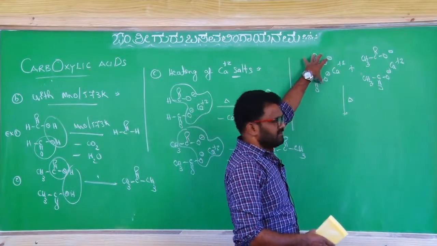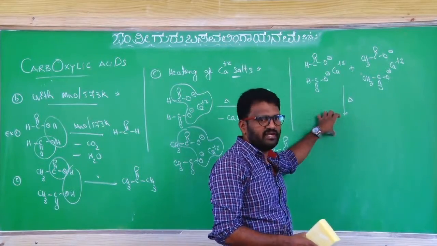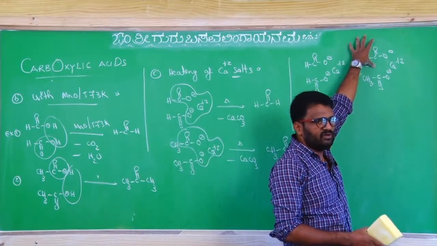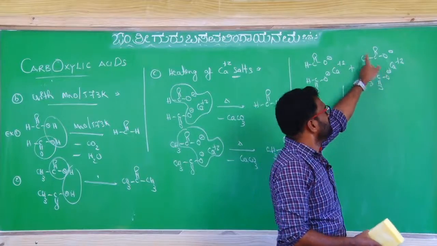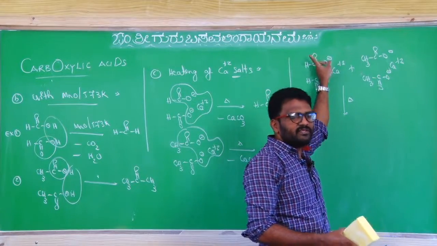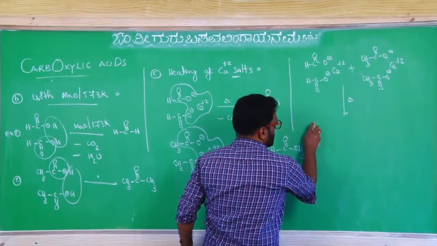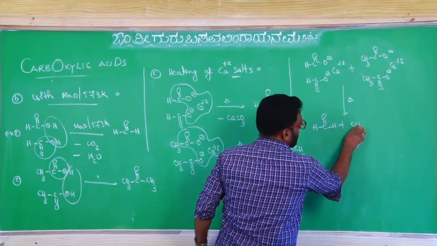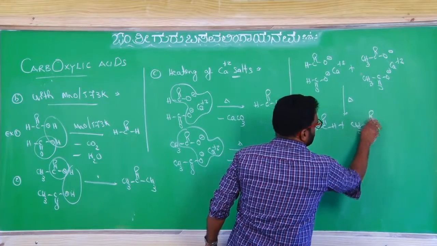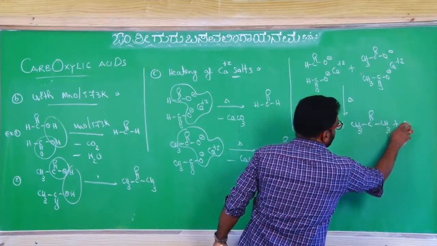On heating this compound alone, you will get formaldehyde, and heating the other compound alone, you will get acetone. Now we have a mixture, so what are the possible products? Formaldehyde is one product, acetone is the next, and acetaldehyde is the next.